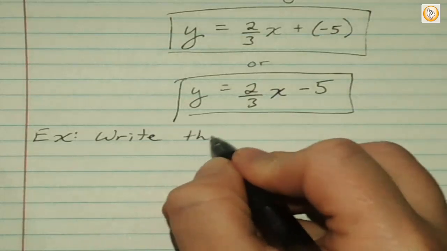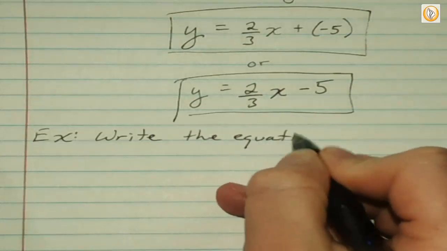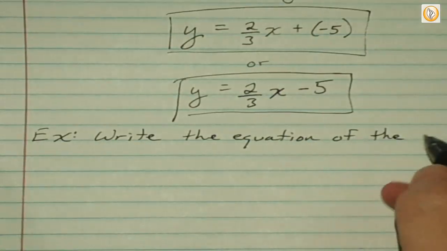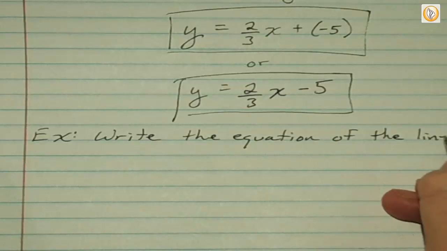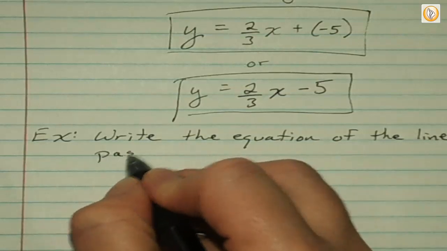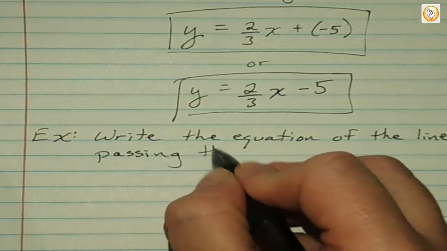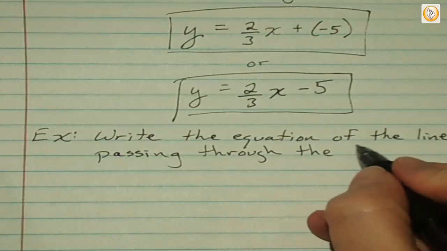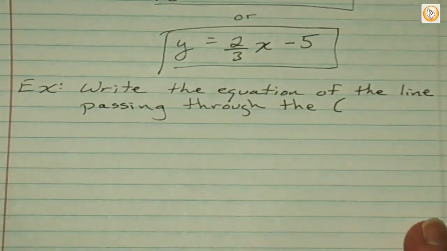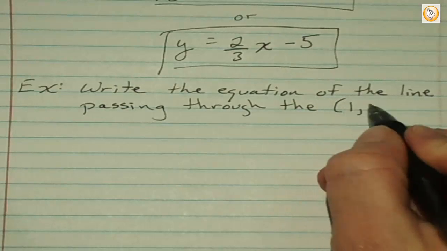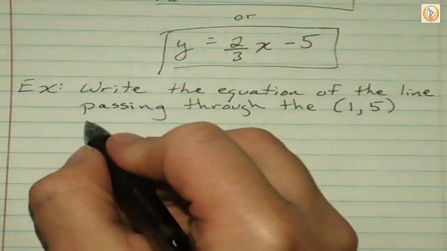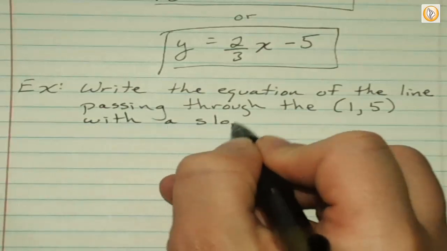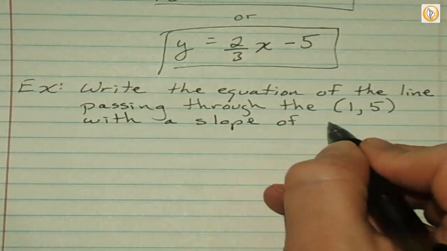All right, write the equation of the line passing through the ordered pair of 1 and 5 with a slope of 3.